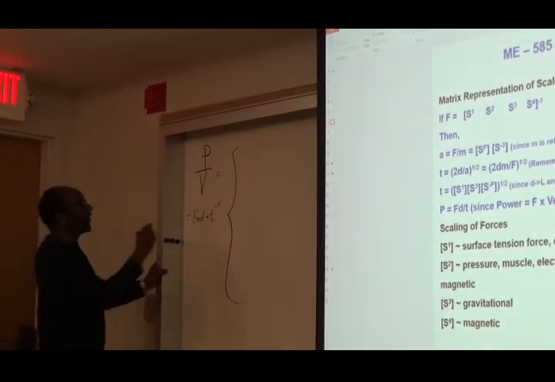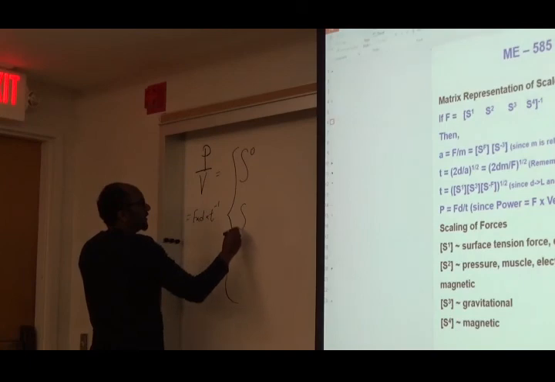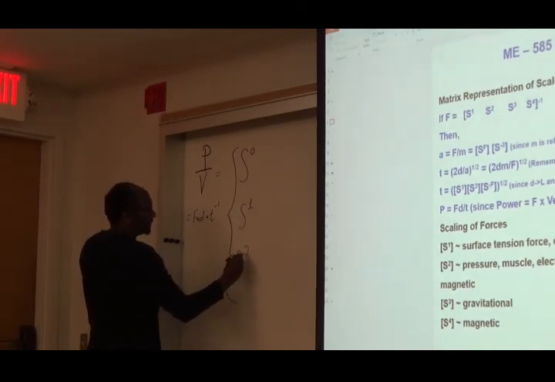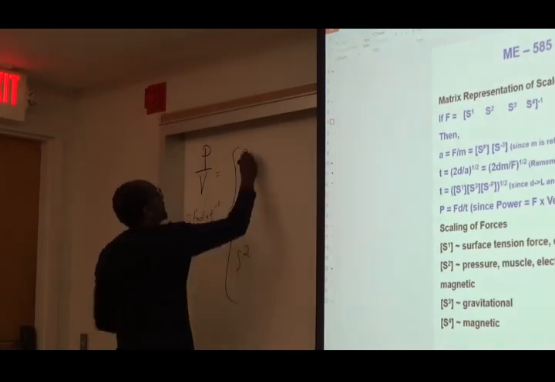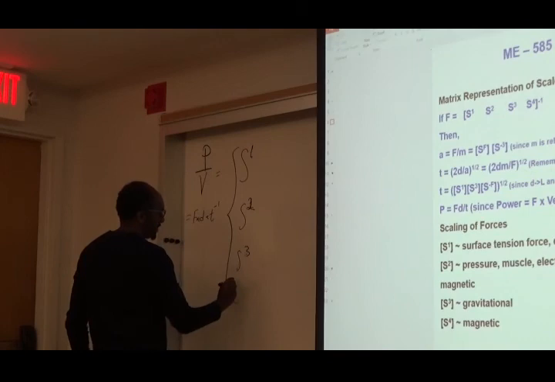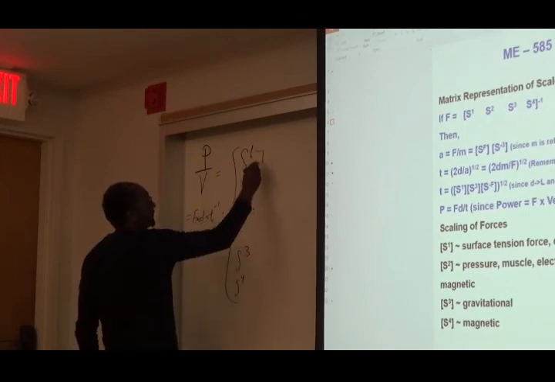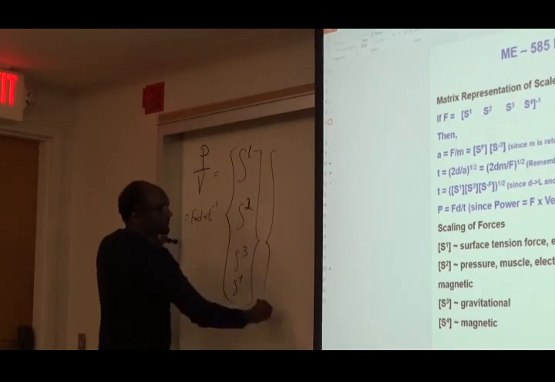Okay? So we said F is defined by S to the power 0, S to the power 1, S to the power 2, S to the power 3, and S to the power 4. D is just S.